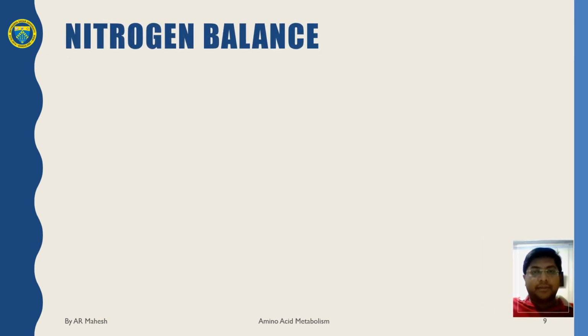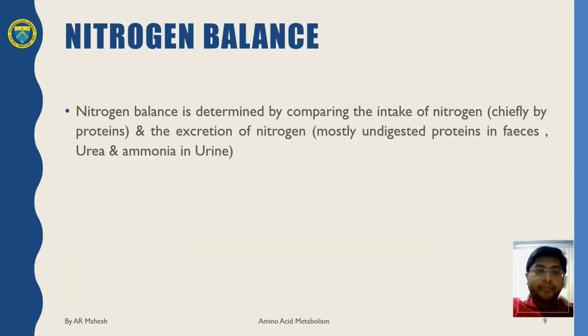Nitrogen balance truly represents protein utilization, of which 16% is nitrogen. So that nitrogen utilization in the body and its loss from the body is what we call nitrogen balance. The nitrogen balance is determined by comparing the intake of nitrogen and excretion of nitrogen.